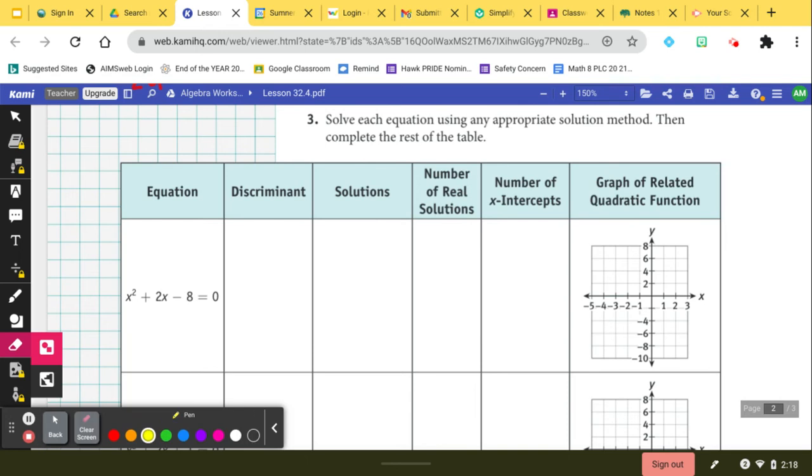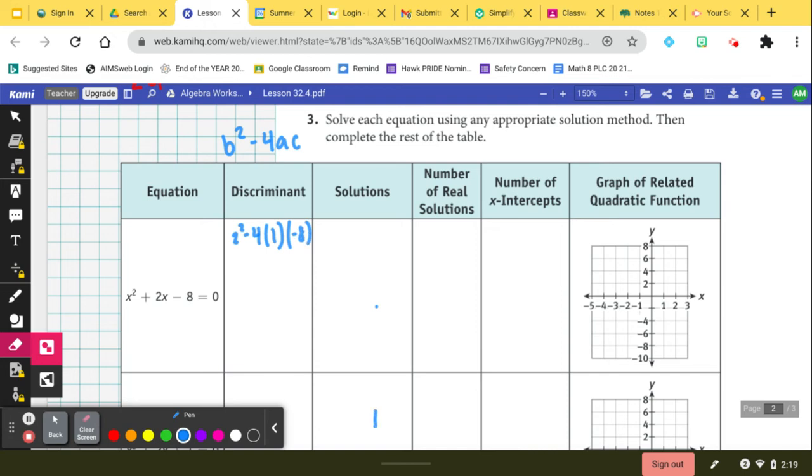Well, the discriminant, reminder, is b squared minus 4ac. And so we're going to determine if there's a pattern between what our discriminant is and how many solutions our quadratic has. So our discriminant for the first one would be 2 squared minus 4 times 1 times negative 8.